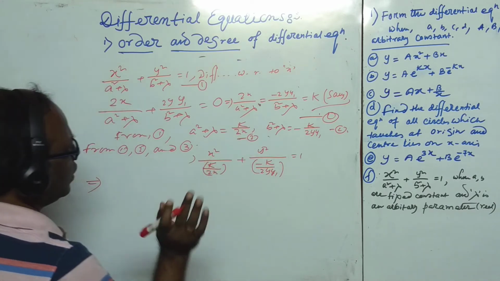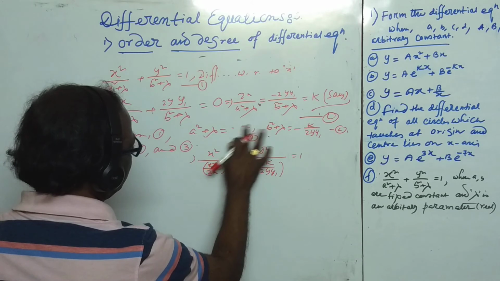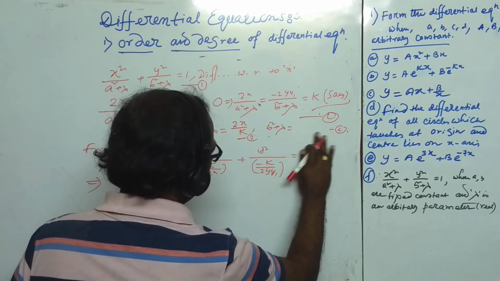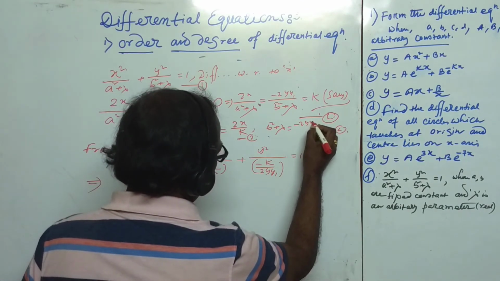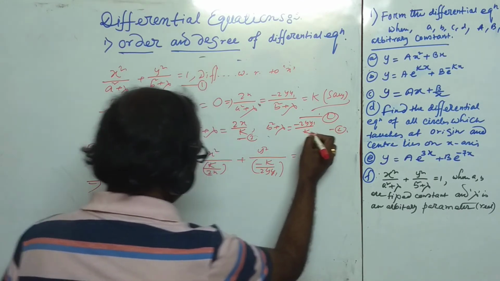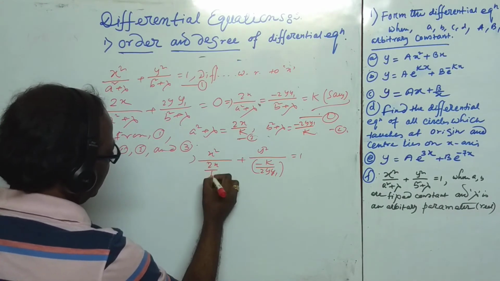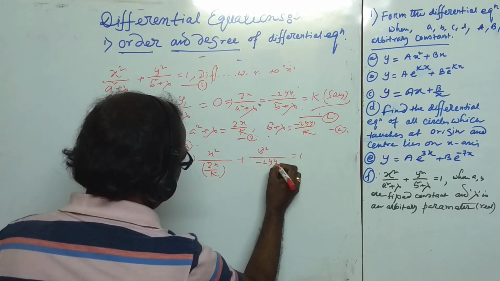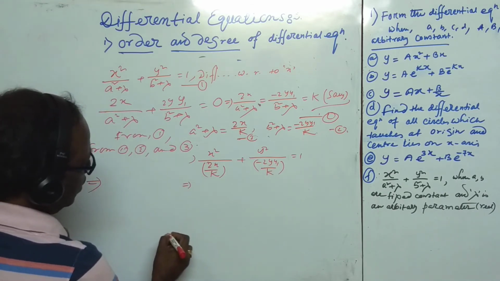That is 2x by k here, and that will be minus twice y1 by k here. Let's see again.